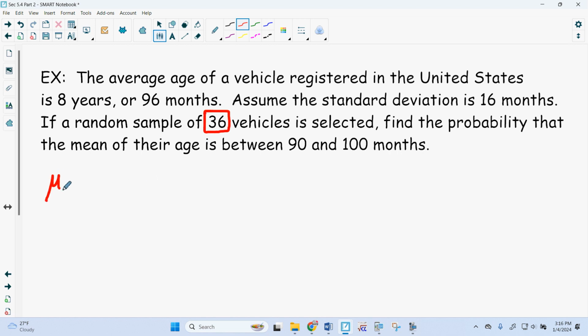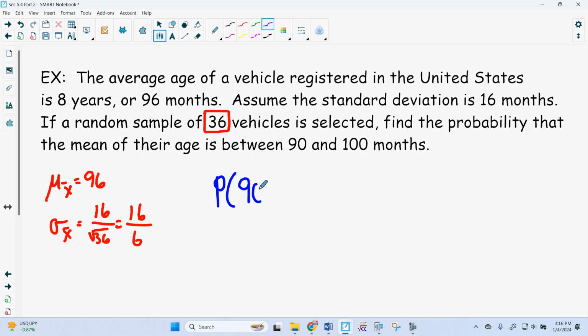So we have our mu x bar is 96. Our sigma x bar is 16 divided by the square root of 36, which is 16 over 6. So we write 90 < x bar < 100. We want to focus on what our variable is. Is it x or is it x bar?